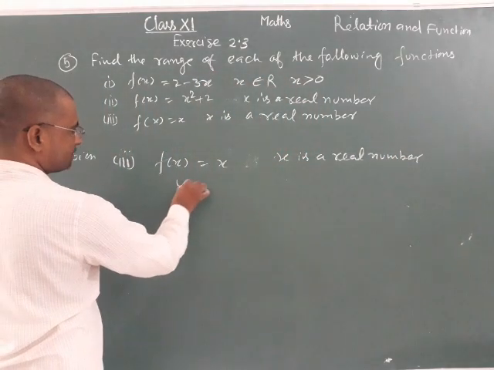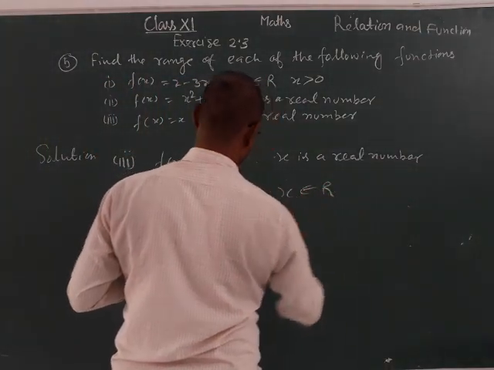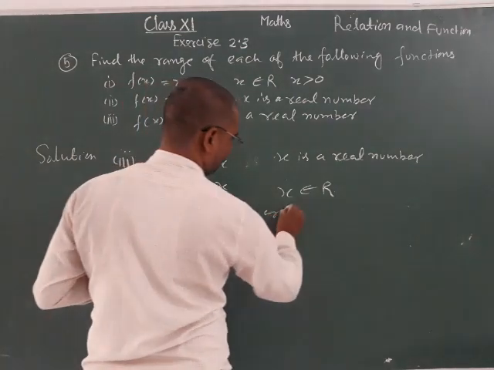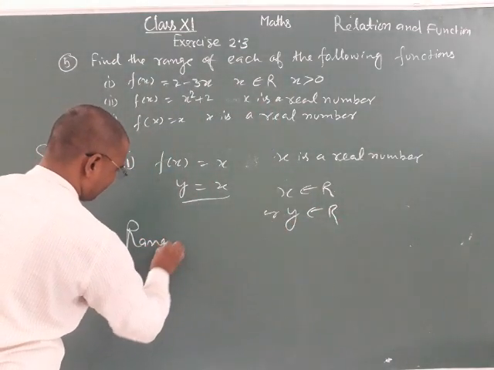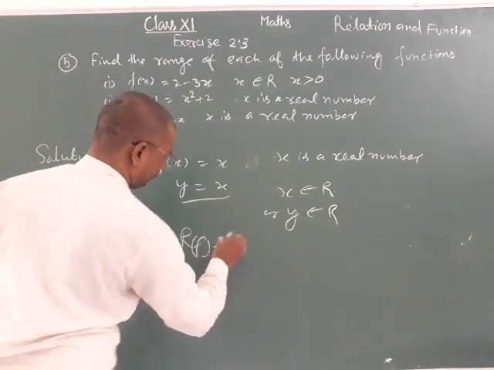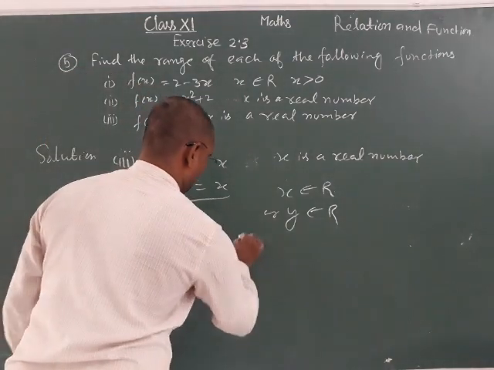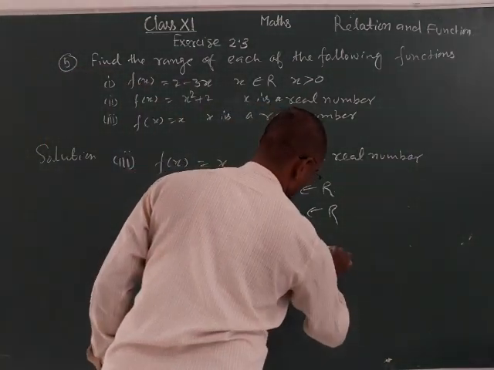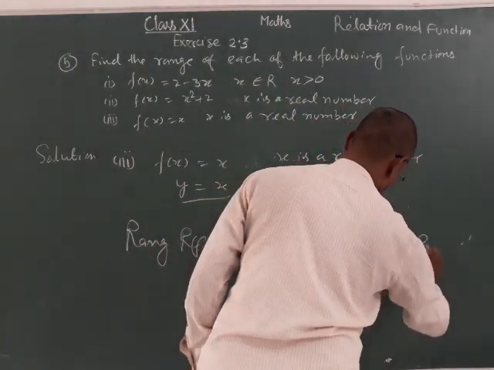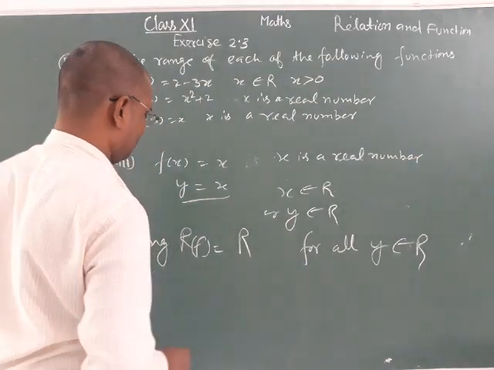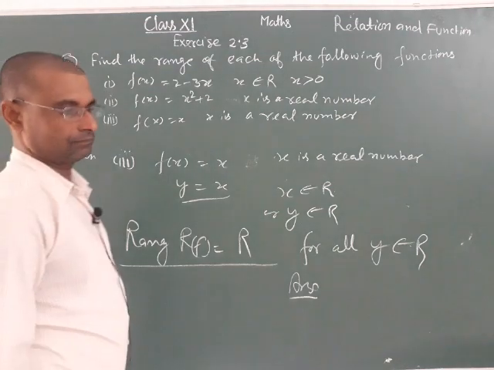So y is equal to x. So x belongs to R, y belongs to R. Therefore, the range R_f is equal to R, for all y belonging to R. This is the answer. That's all.